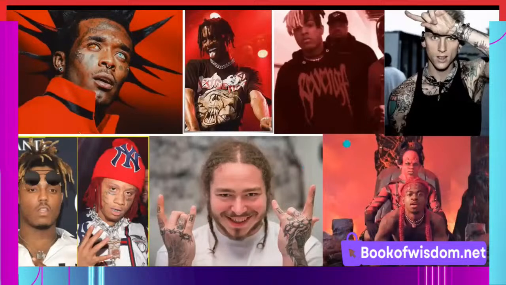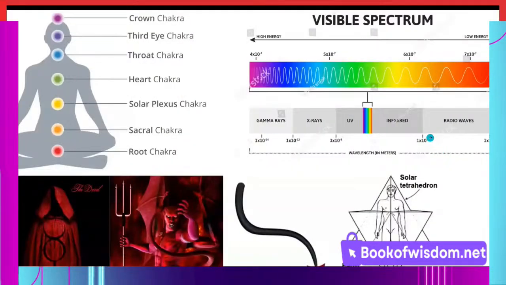This is what it actually is. You're not selling your soul to some sort of devil. This satanic energy is formless in the astral plane. It's a summoned energy. Now, the root chakra is red. This is why the devil is red, because it symbolizes the animal nature of man.